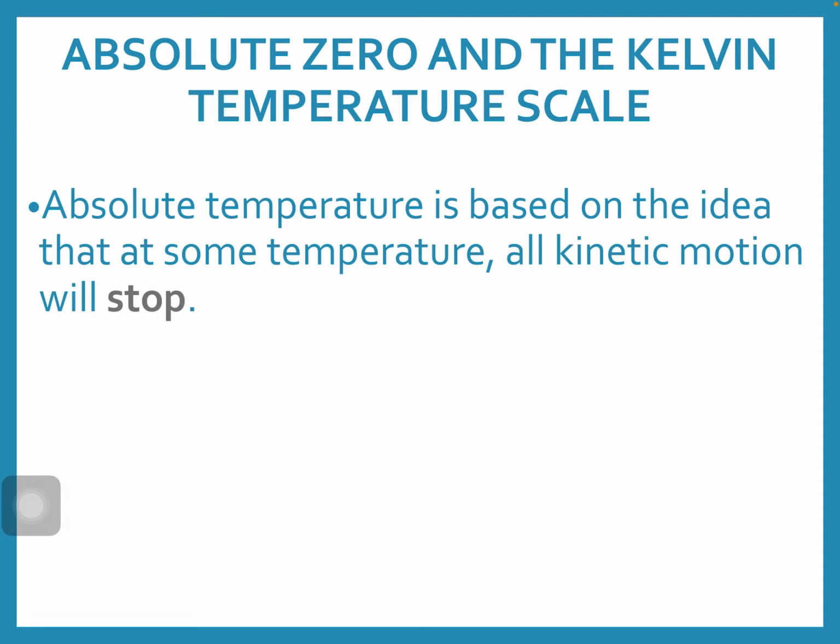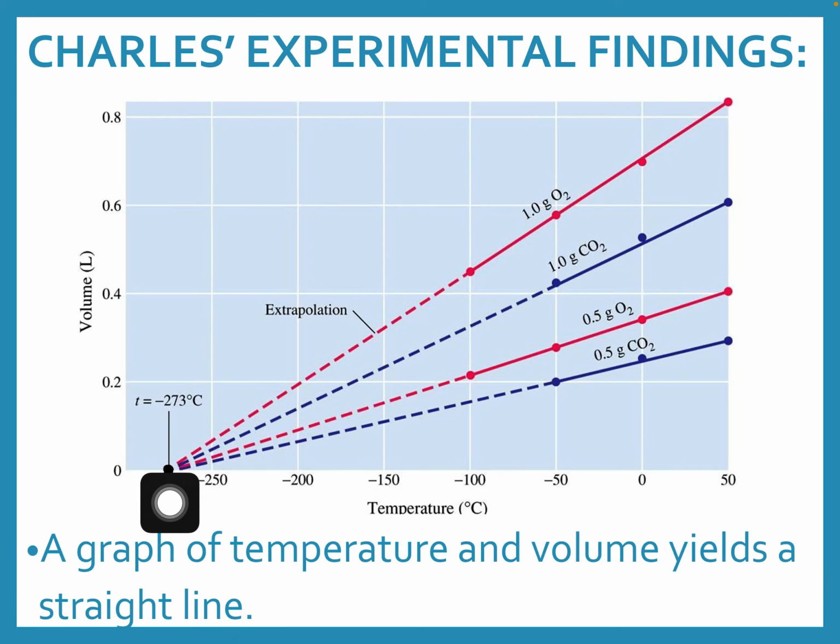The absolute temperature is based on an idea that eventually, at some temperature, all kinetic motion is going to stop. And that was over here. We saw that as the gases had less temperature, they had less kinetic energy and took up less space. So we can see all of these converge here at negative 273.